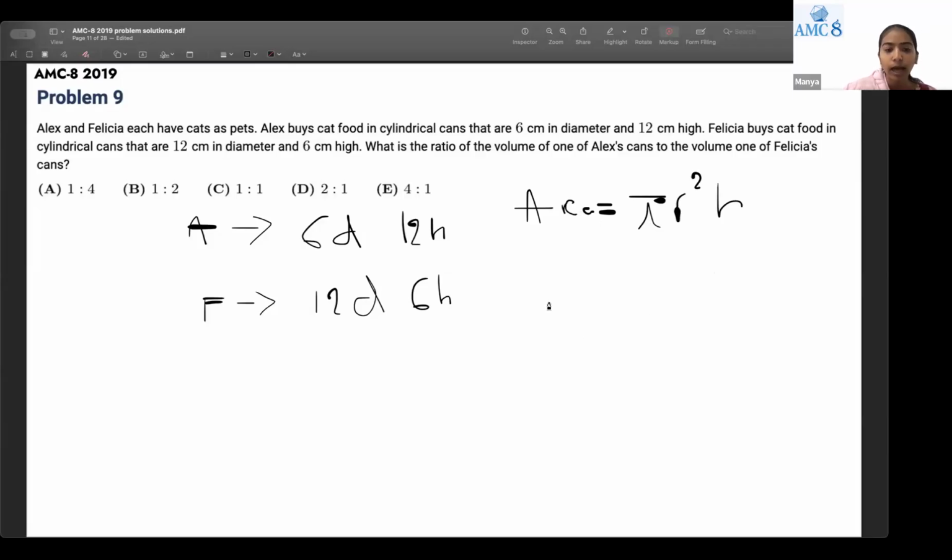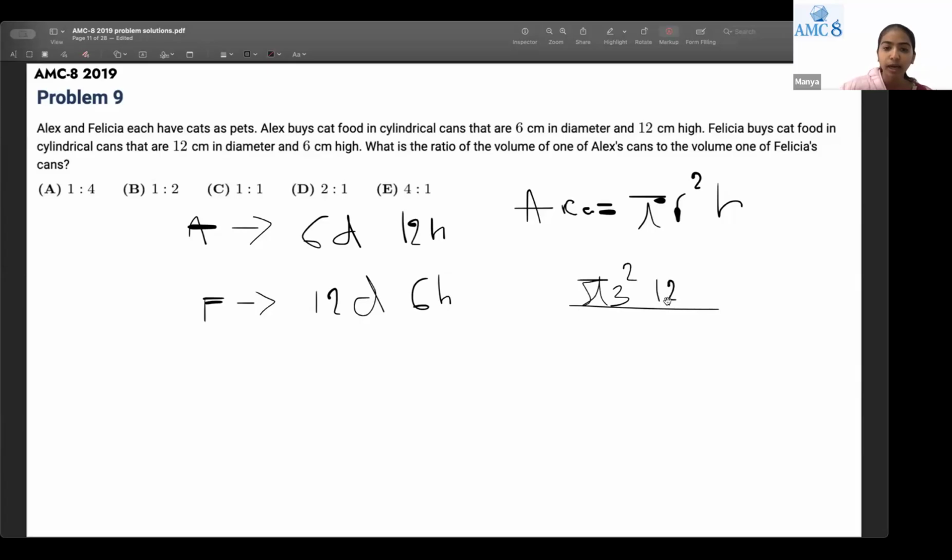So for Alex, it's going to be, we know that 6 is the diameter, and so what is the radius? The radius would be half of the diameter, which is 3. So pi times 3 squared times the height, which is equal to 12.